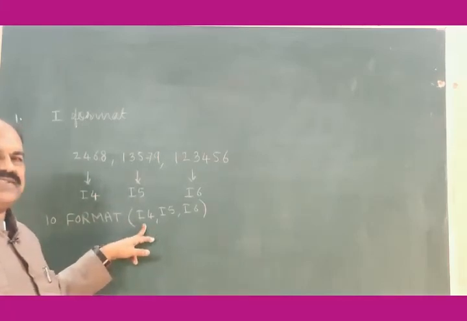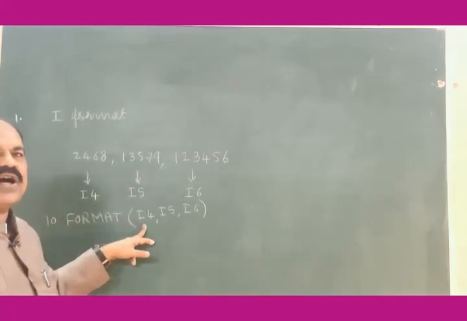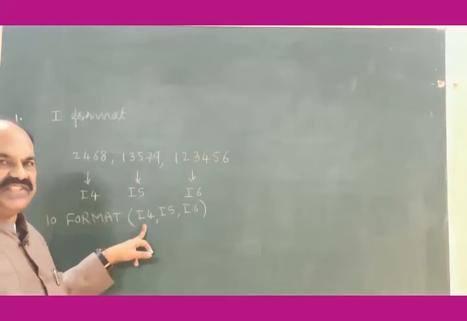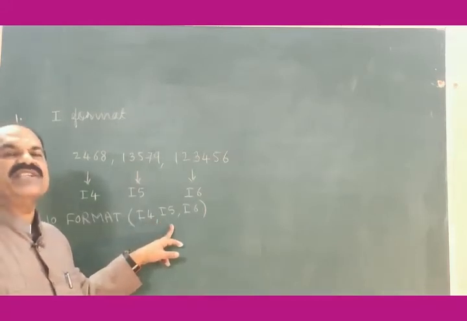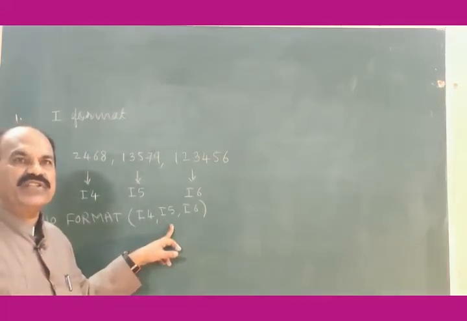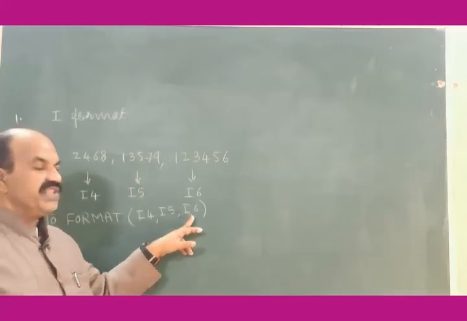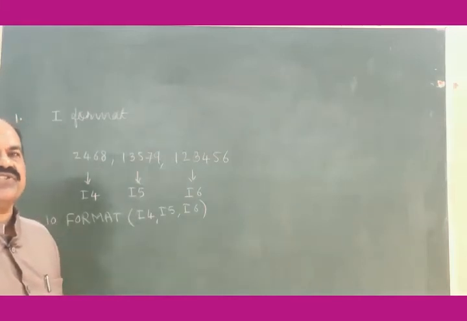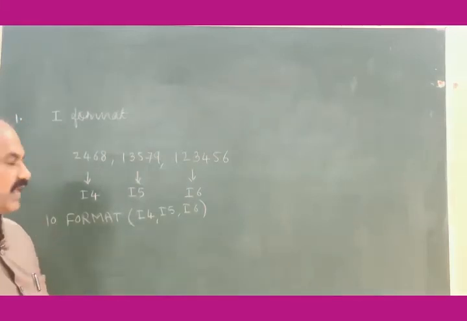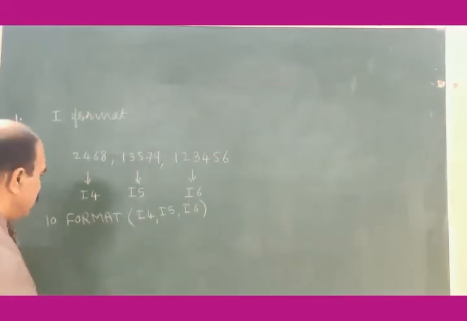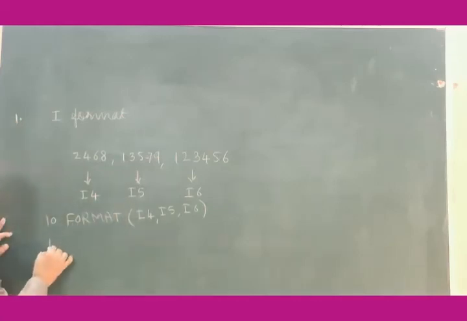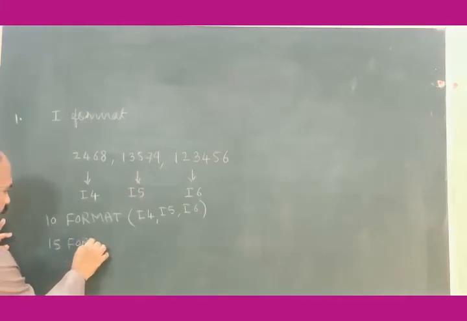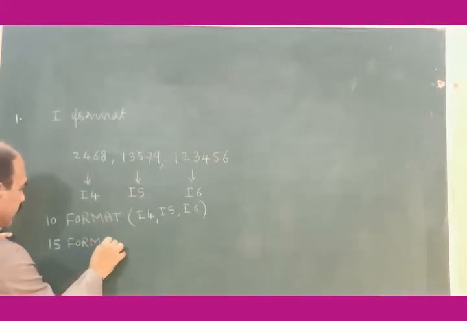This specifies an integer of width 4 digits. This specifies an integer of width 5 digits. This specifies an integer of width 6 digits. There are different ways of writing this. Let me use some other example for this format statement.